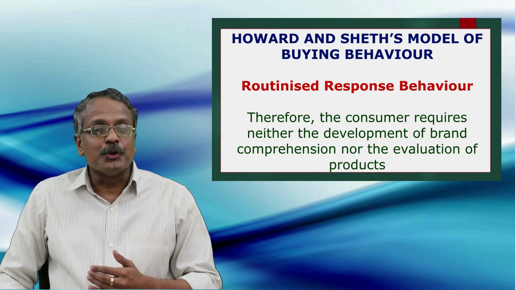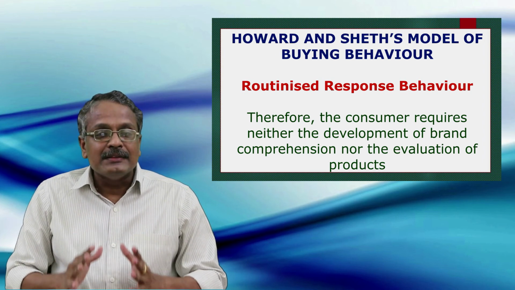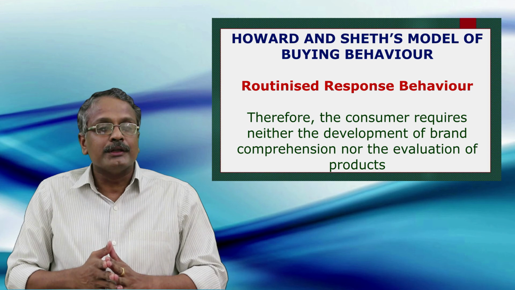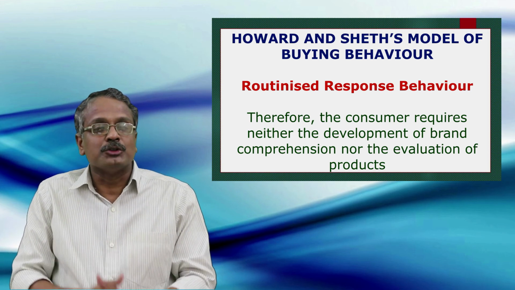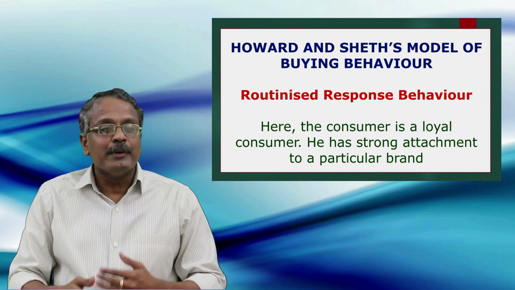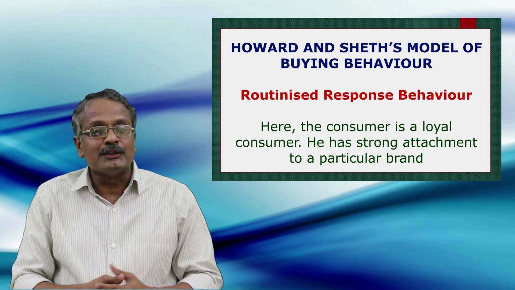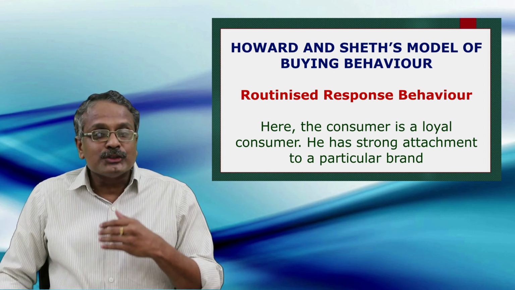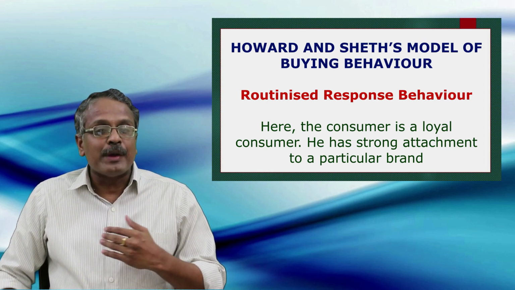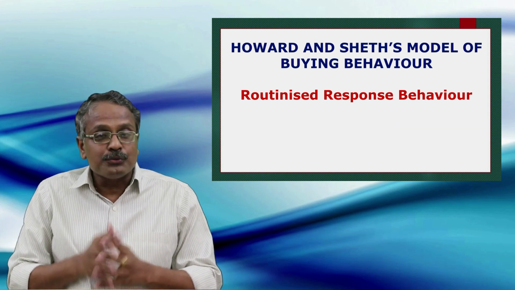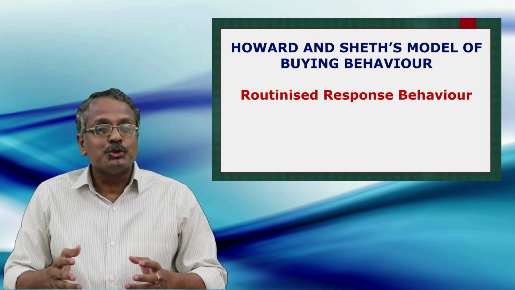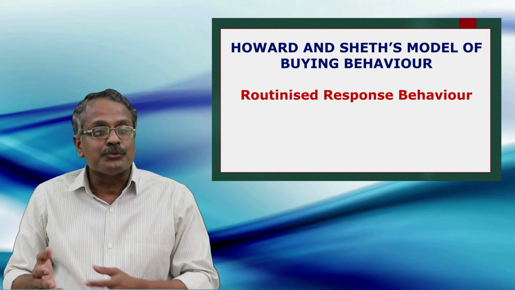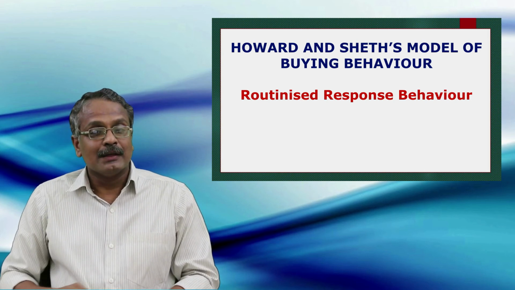Therefore, the consumer requires neither the development of brand comprehension nor the evaluation of products. Here the consumer may be considered a loyal consumer. Therefore, he has a strong attachment to a particular brand. Because of this, he may not be ready to evaluate or compare the features of other brands.